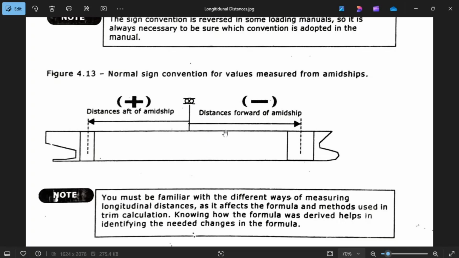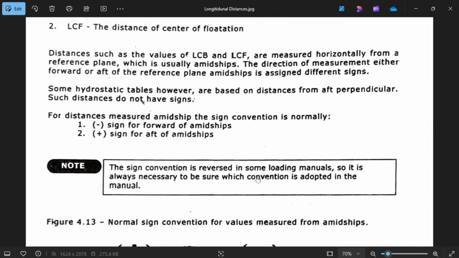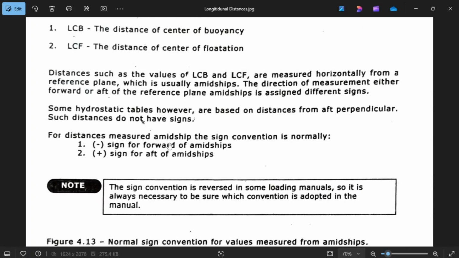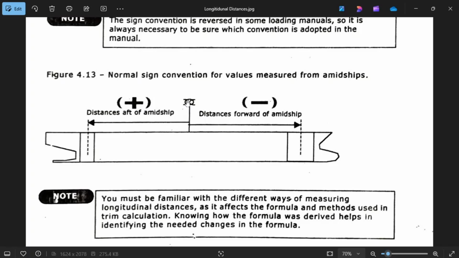And it says here, for distance measured from amidship, the sign convention is normally negative sign for forward of amidship and positive sign for aft of amidship. You see here the sign. If this is your point of measurement, or amidship, from amidship going forward, at any point here, that will be a negative sign.